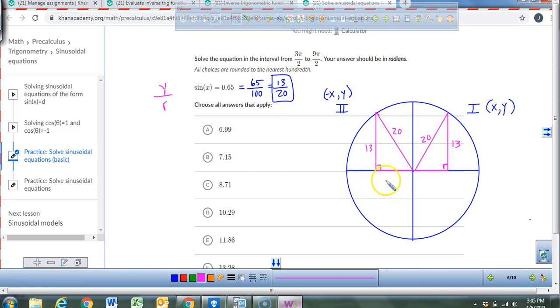So we are going to find theta right here, and we're also going to find theta from here going all the way arced over to here, from here to there. I'll choose a different color. There we go.